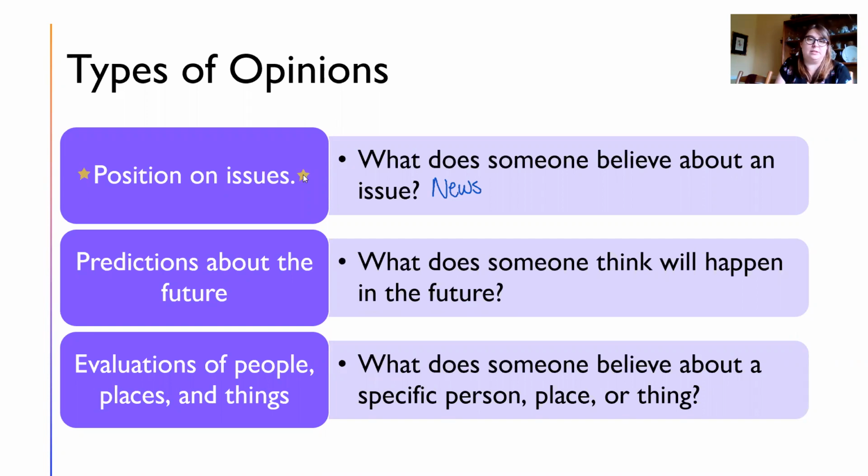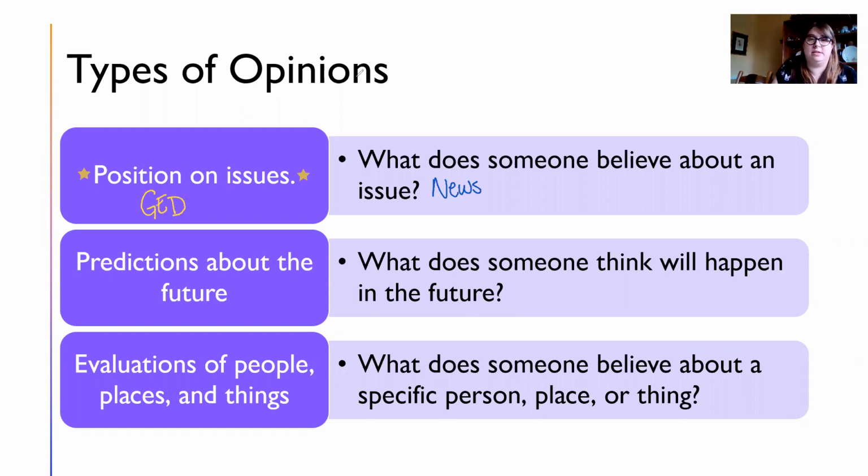I'm going to stick some stars next to it because this is one that we see quite often with our GED skills. It's really important that we be able to identify a position on an issue because this is a GED reading skill heavy set.